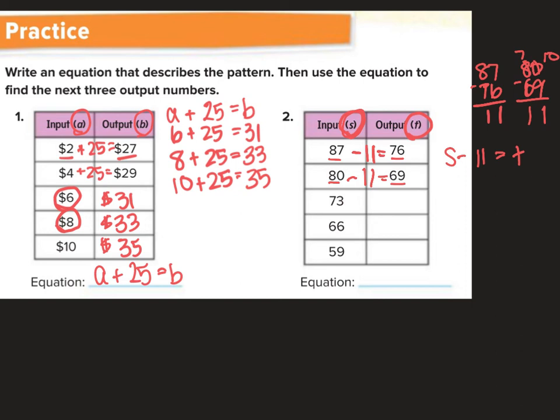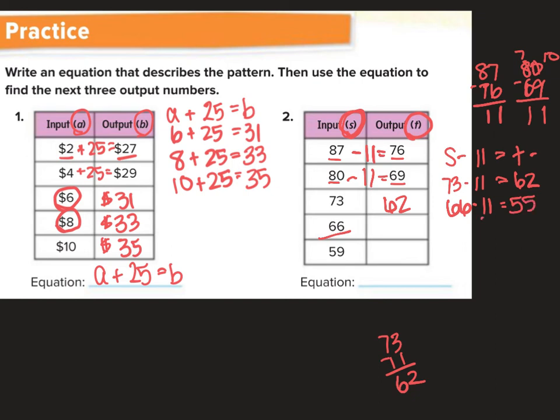Okay, so let's start changing our S's, our inputs, to figure out what T would be. 73 minus 11 equals 62. Okay, 62 is going to be my output, or my T. Let's input 66 minus 11. It's going to be 55.